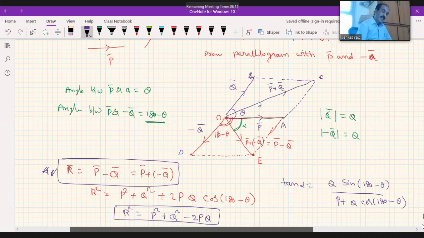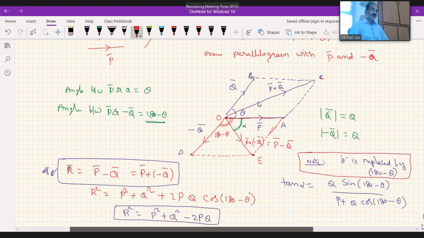So note the point: the angle is 180 minus theta, theta is replaced by 180 minus theta. That's all. If you know the parallelogram law of vector addition, subtraction is also completed.